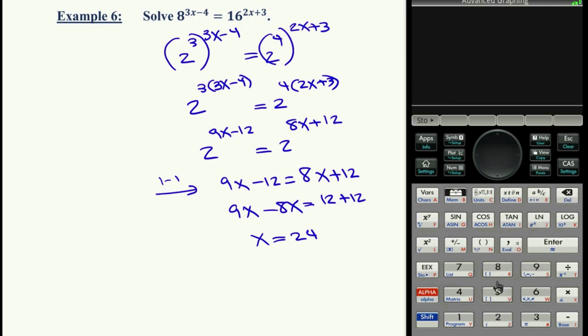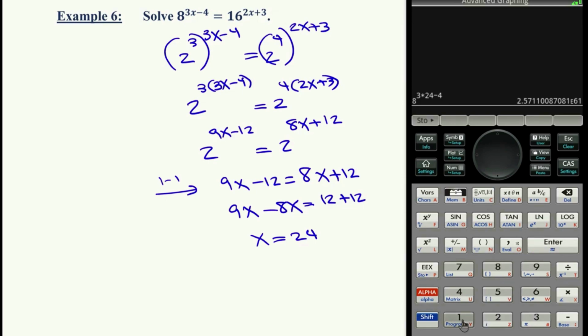So we'll go ahead and remember, you always want to check in the original equation. So we're going to go ahead and type 8 to the power of 3 times 24. We're replacing x in the original equation with 24. And we go ahead and subtract 4. So that's 3 times x minus 4. And we get this value. This time that's a huge number.